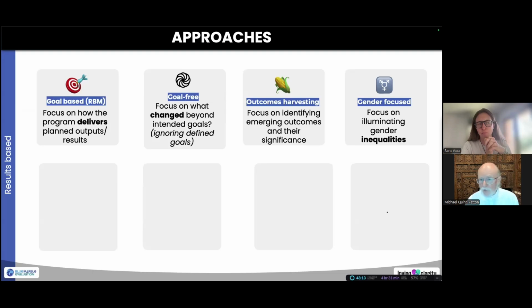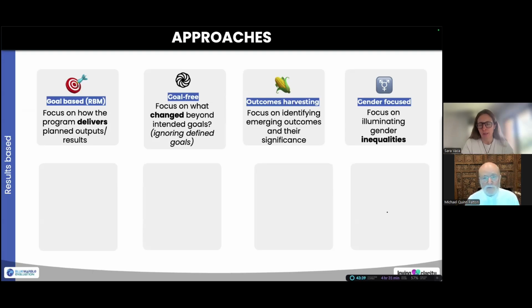The gender-focused approach is really saying we are still in a world where there are always gender issues. There are no programs or projects that don't have gender issues. And therefore, this approach calls our attention to pay attention to that and look at what those differences are, whether the funder thinks that's important or not. It's always there.